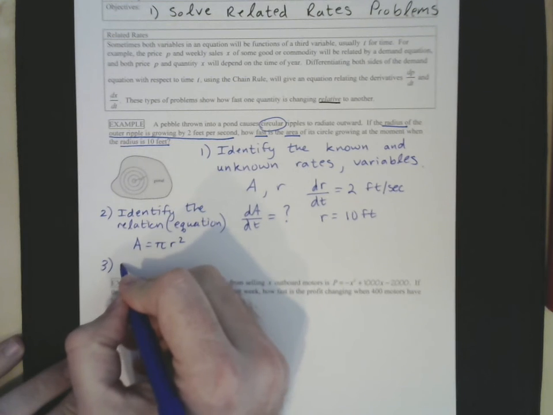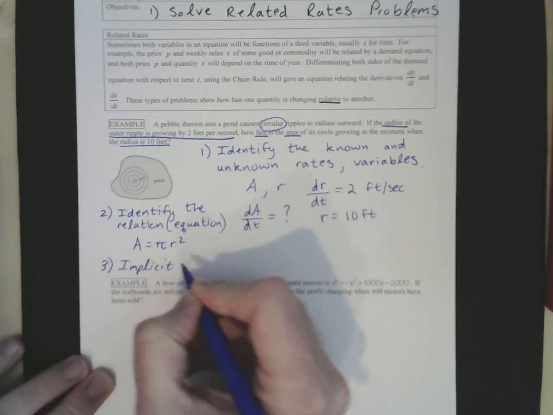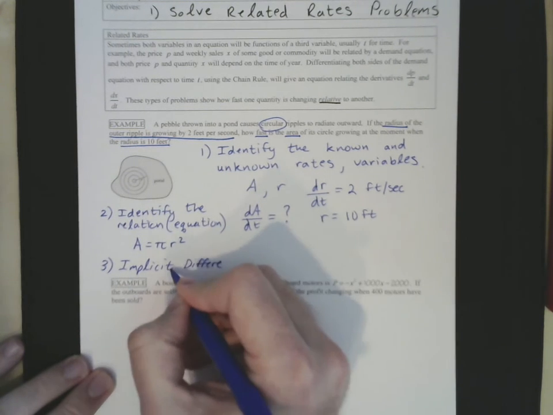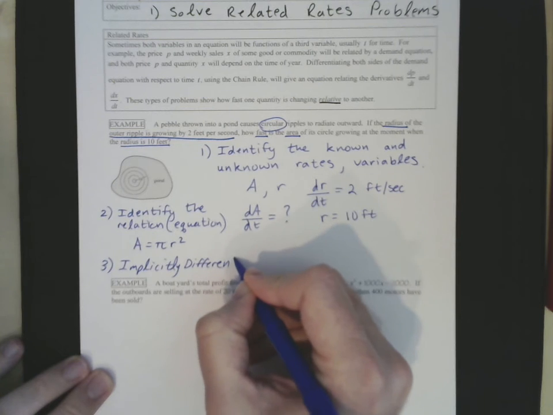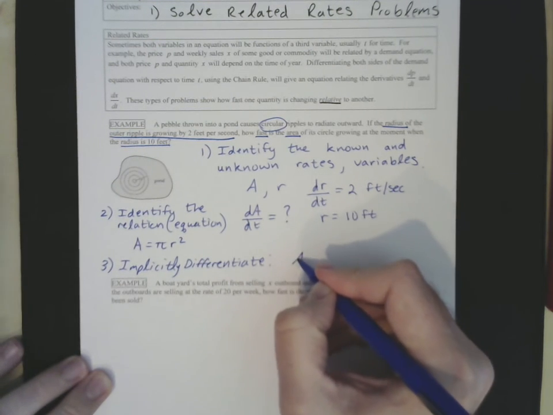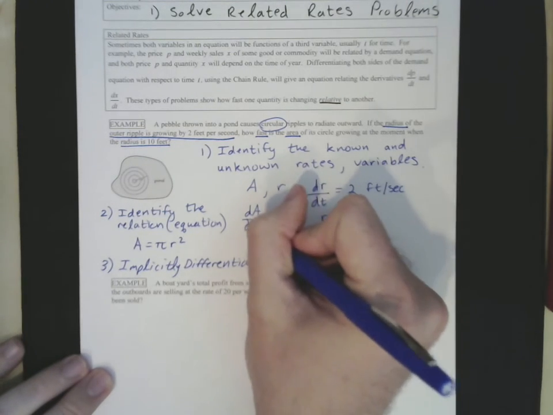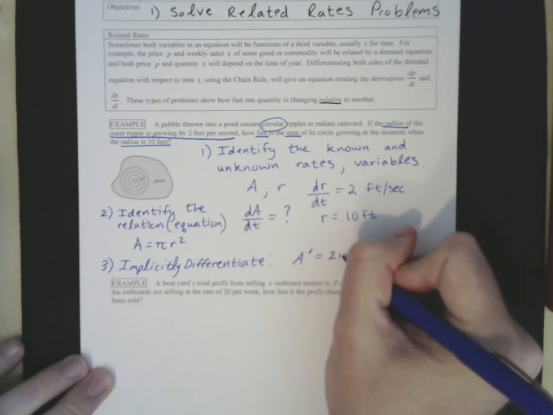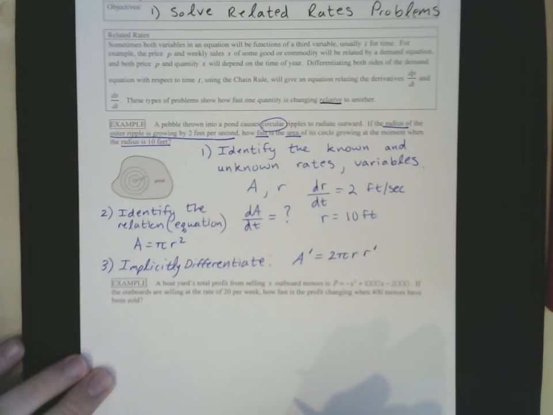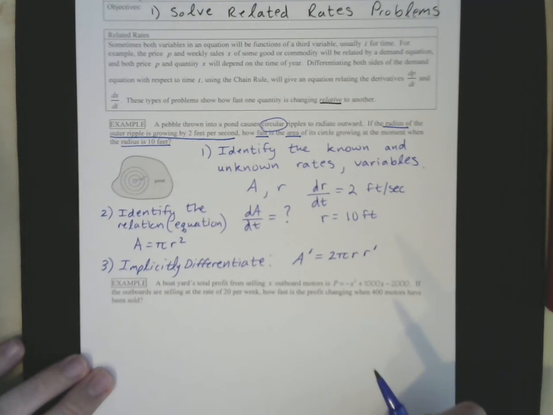So part 3 is then to implicitly differentiate. So this would be A prime, the derivative of A, because A changes with respect to t, equals 2 pi r prime, because r changes with respect to time.